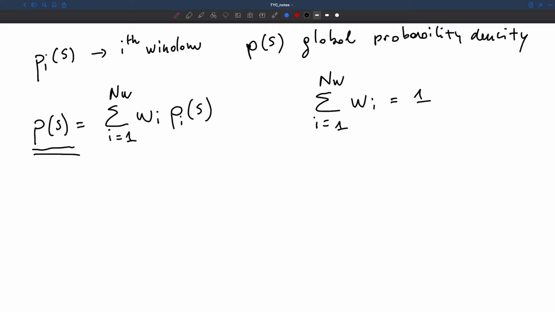So the expression of the weights obtained by the weighted histogram analysis method is the following one.